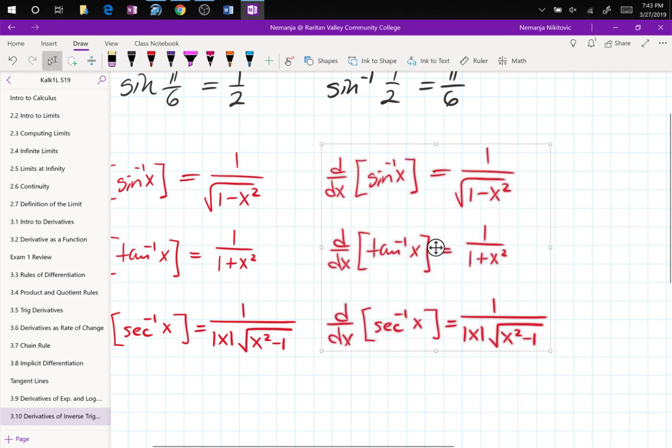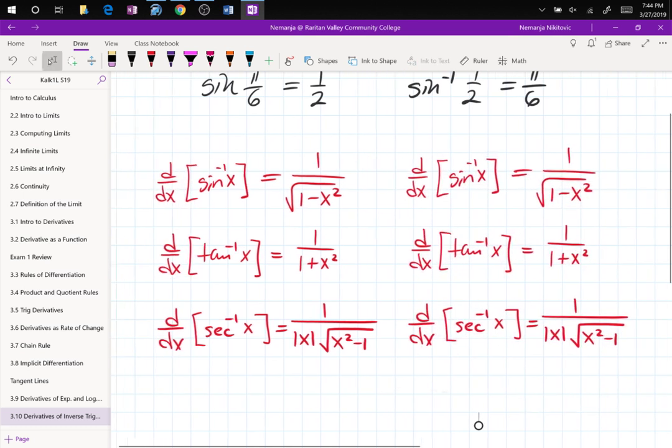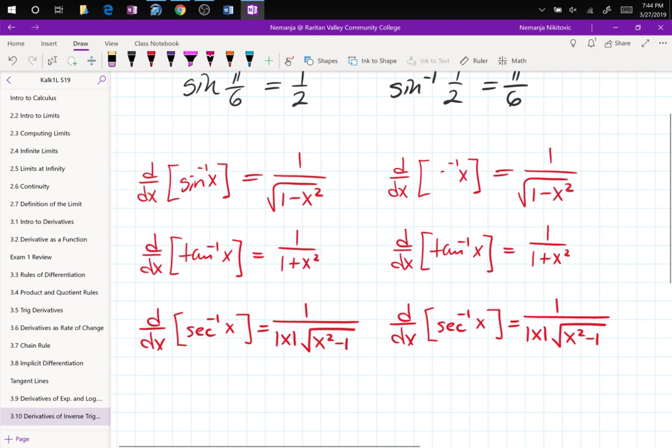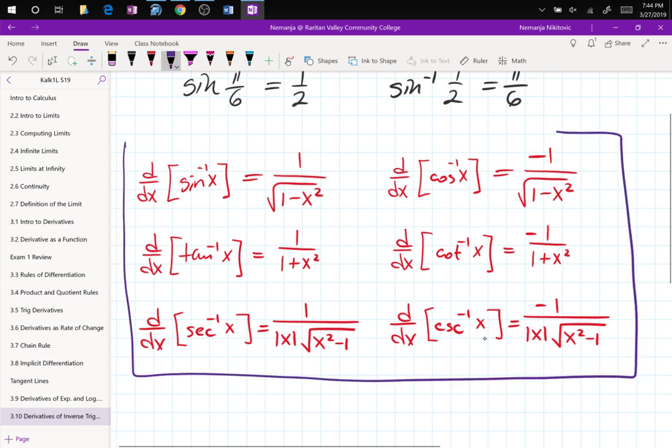So sine is going to be a cosine. We get minus signs everywhere. Tangent is going to become cotangent. And secant is going to become cosecant. There we go. So these are your 6 inverse trig functions.